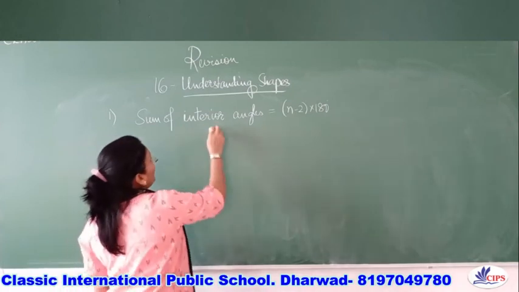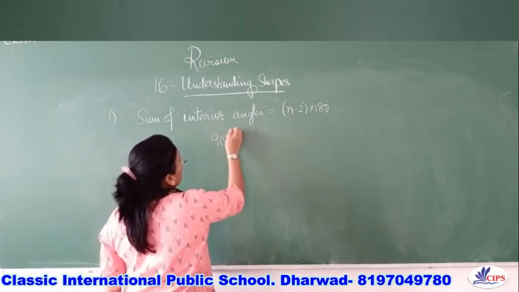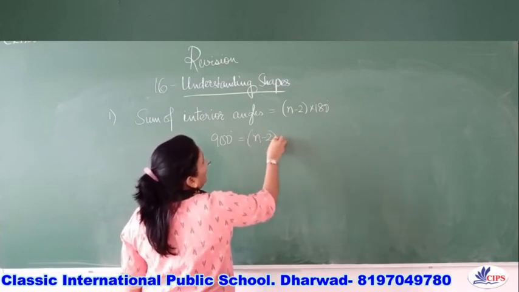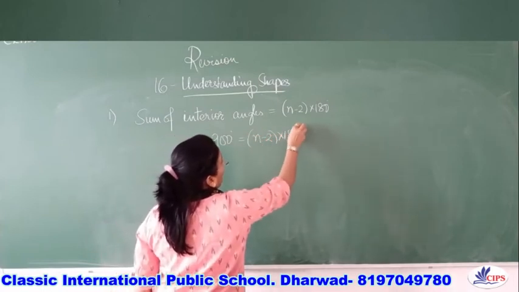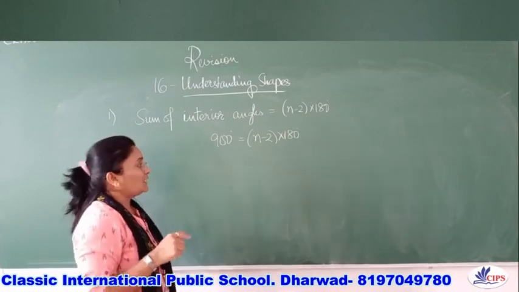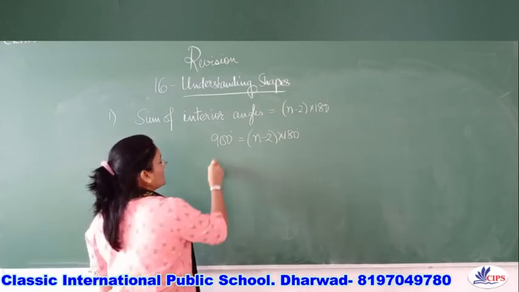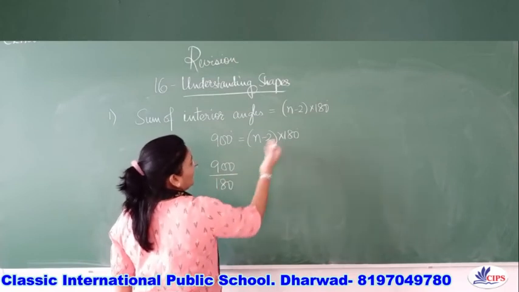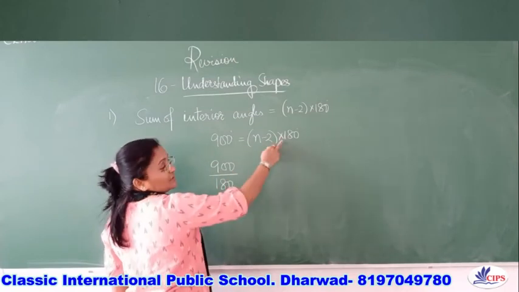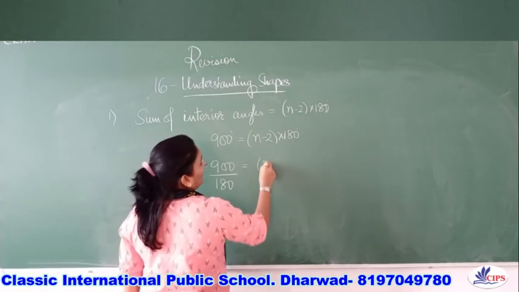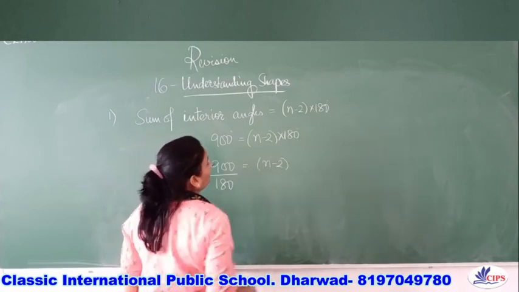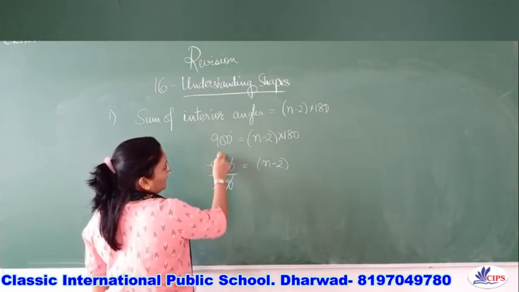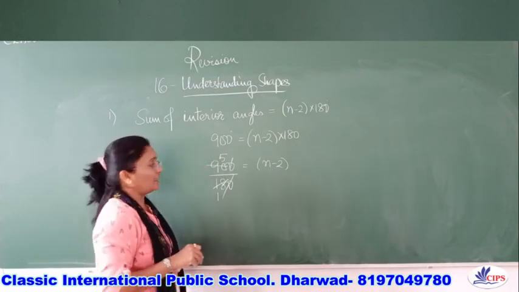So I'll write this 900 degrees, and n minus 2 into 180 I'll write as it is, because we need to find the value of n. Now to find the value of n, I'll divide 900 by 180. This 180 I'll shift here, it becomes division, because here it's multiplication and here it's n minus 2. So 0 0 gets cancelled, 18 ones are 18, 18 fives are 90.